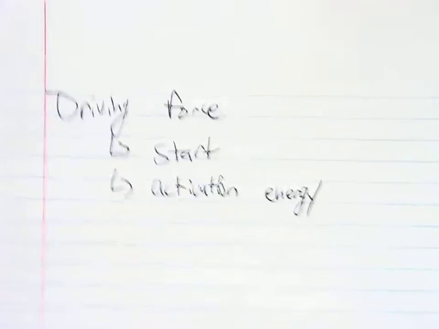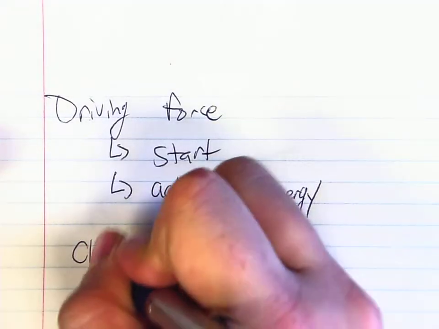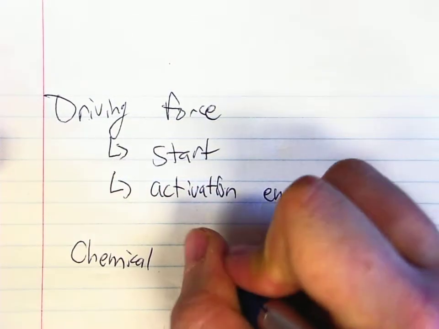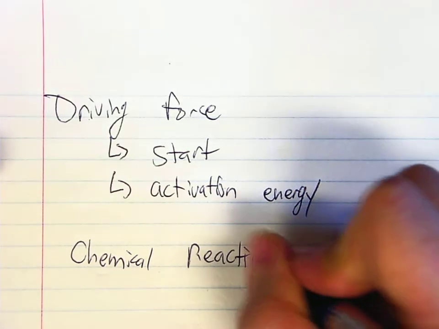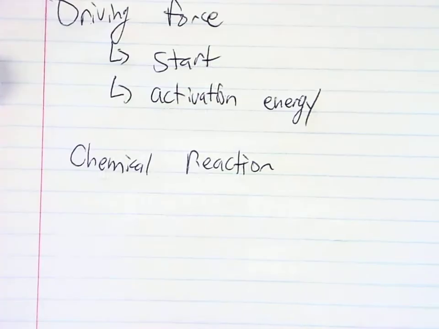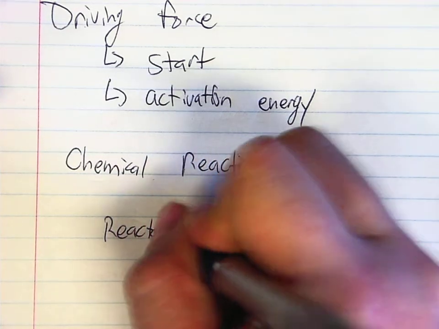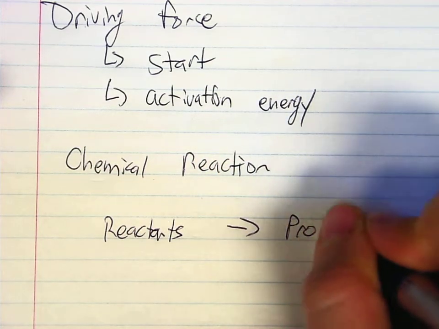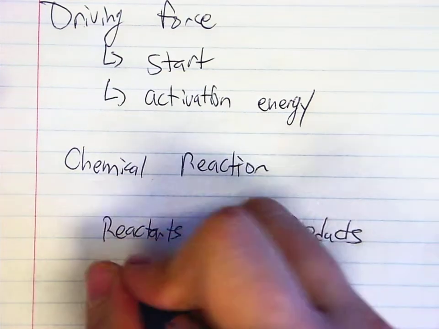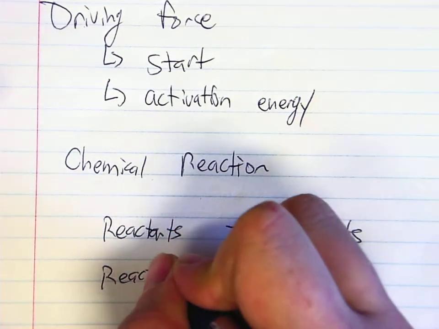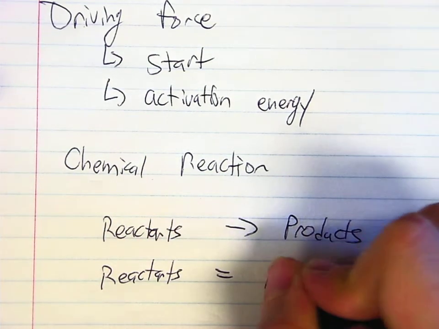A chemical reaction has two main parts. It has reactants that go to form products. Reactants equal products.